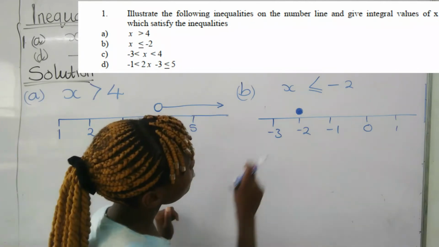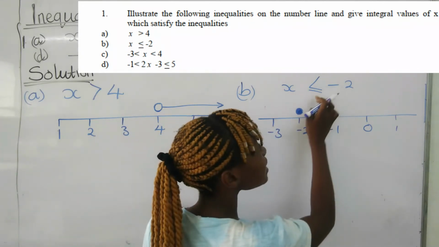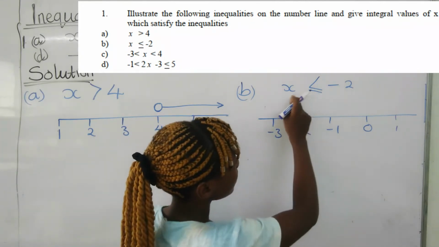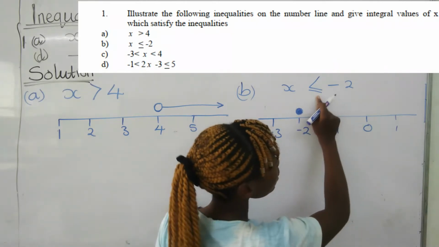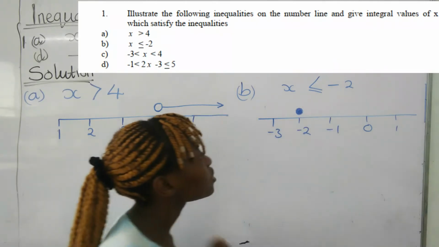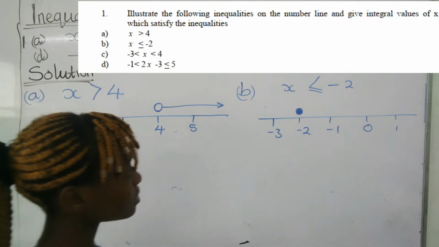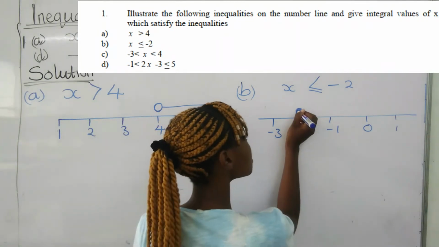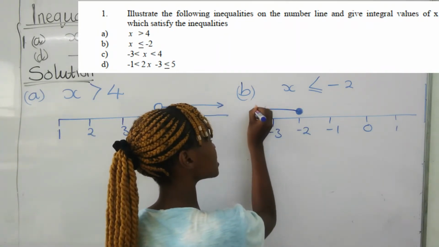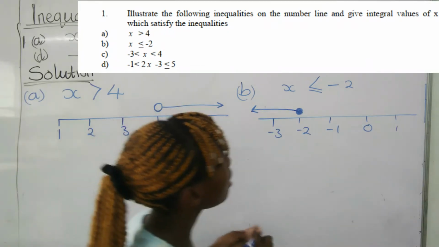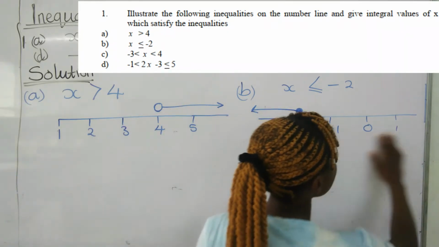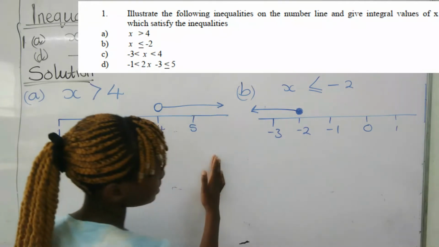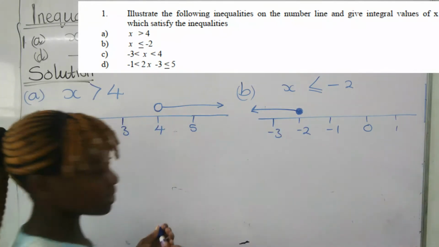Then we say x is less than or equal to minus 2. If it says less than or equal to minus 2, it means it's going in this direction. This is the greater than side of x, whereas this is the less than side. So it will look like this.